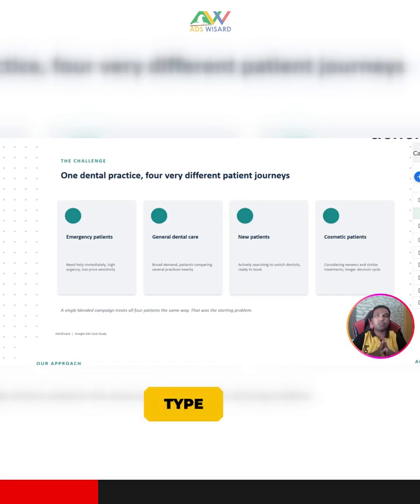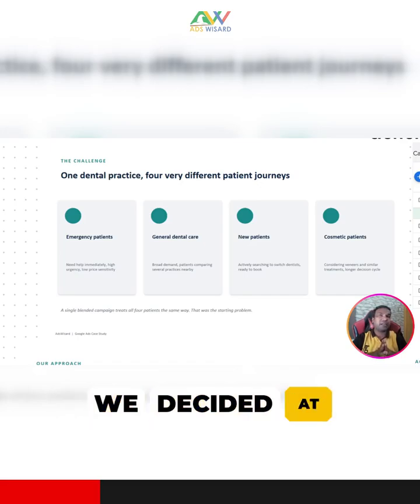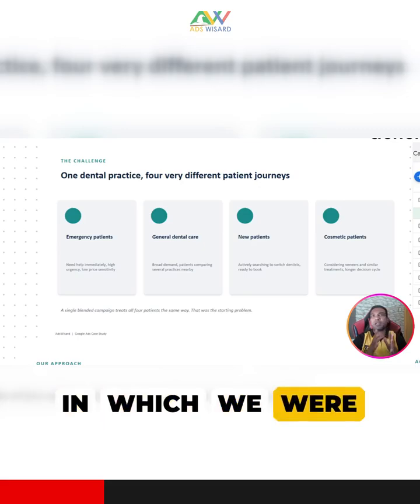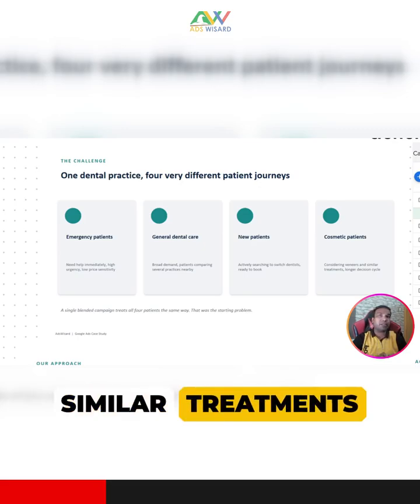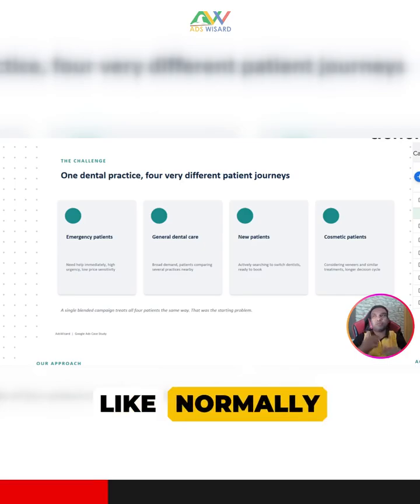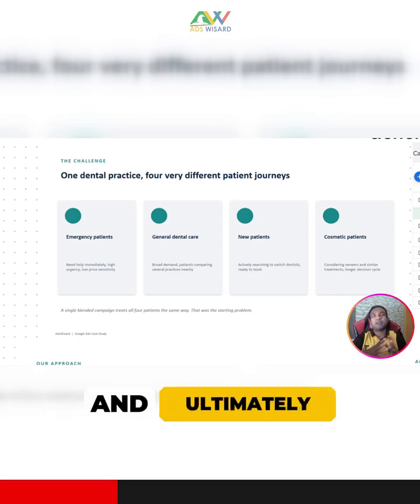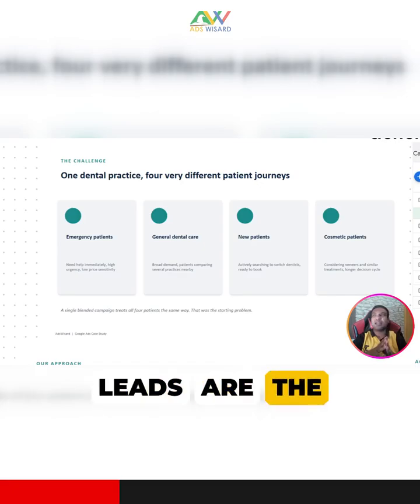The last and fourth type of campaign that we decided on at that time was for cosmetic patients, in which we were considering veneers and similar treatments. Normally these types of clients need a longer decision cycle, so they also need more time, and ultimately these leads are expensive.